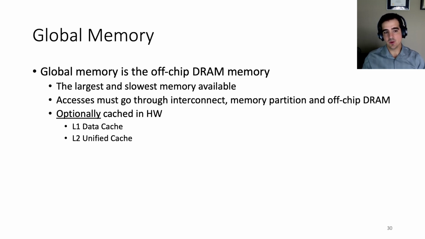And the L2 is a memory-side L2, meaning that it's shared, so it's not private. All of the L1s are private per SM, and the L2 is a shared L2 across all the SMs. So there is no coherence problem at the L2 because there will only be one unique place that a cache line can live in the L2. And it's unified because it stores both instructions and global data and texture data and what have you.